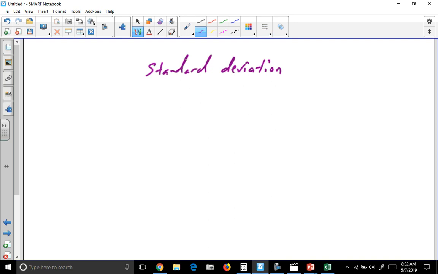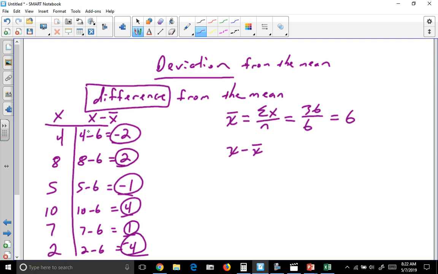It's essentially the average, or it's related to the average deviation. If we wanted to know on average how far are these values from the mean, we could add up our deviations, divide by the number of data points.